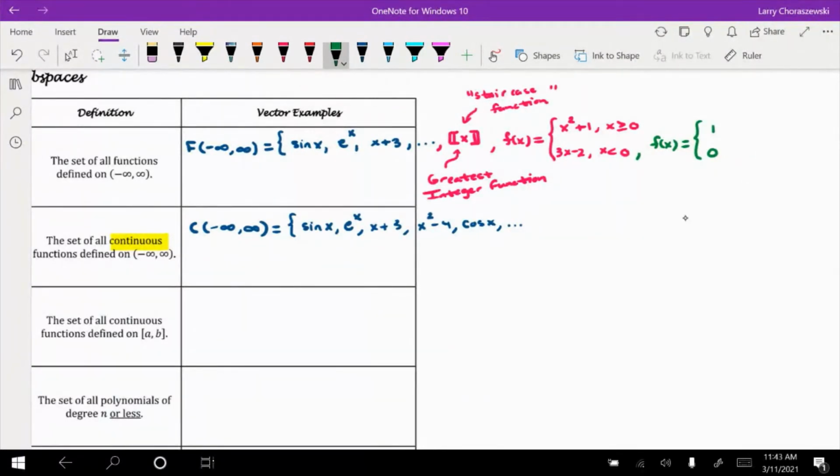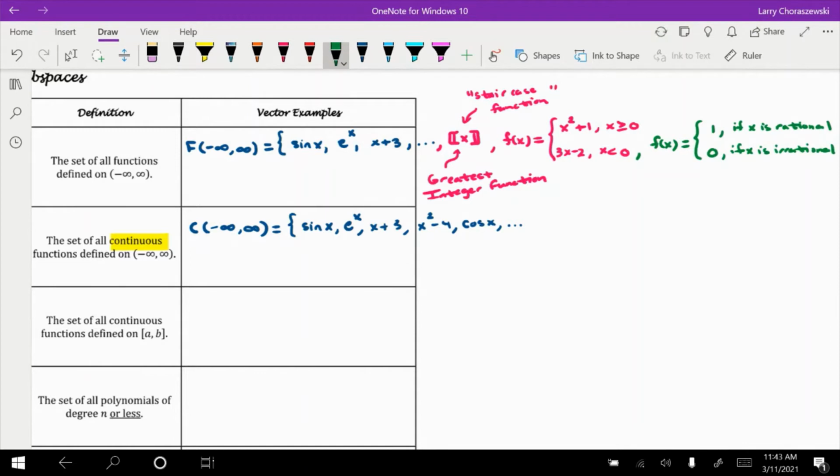And you use the value of 1 if x is rational. So if x is a rational number, such as 2/3 or 1/2, the function takes on the value of 1. Whereas if x is irrational, such as pi, the value of the function is 0.